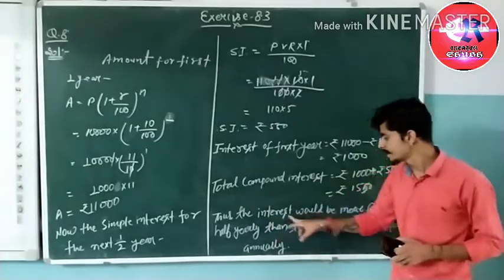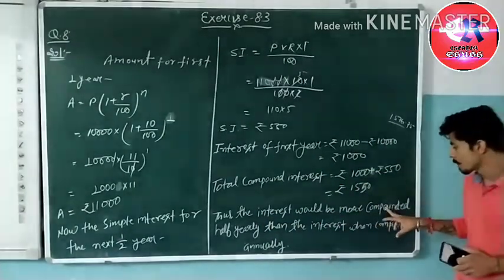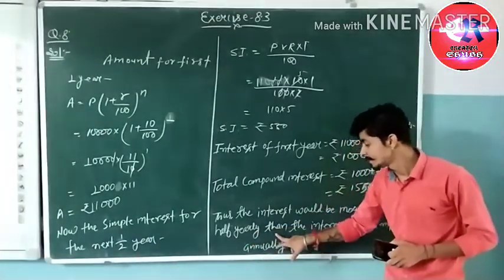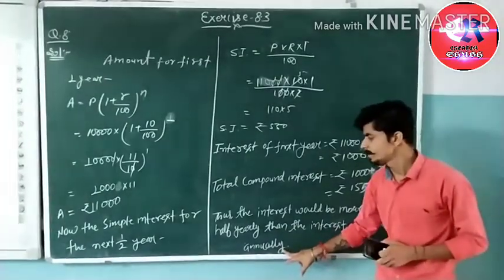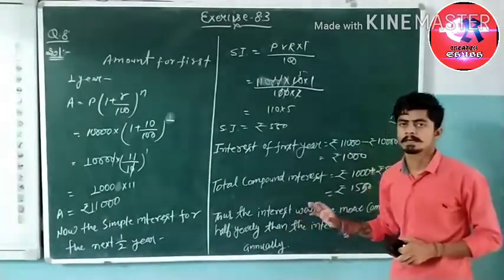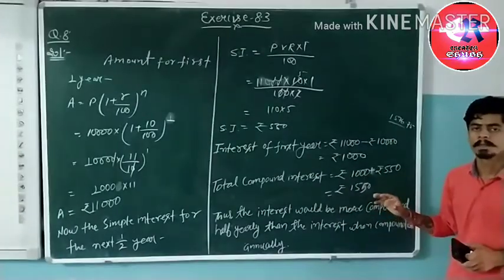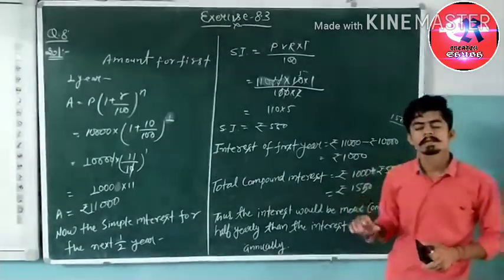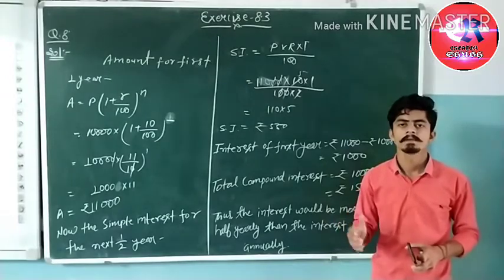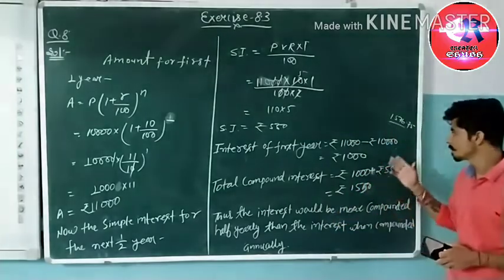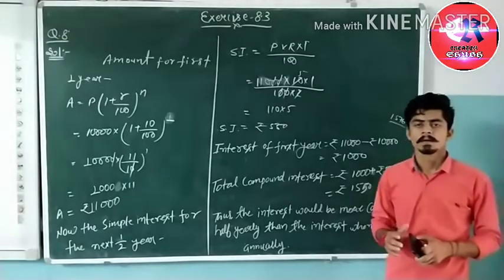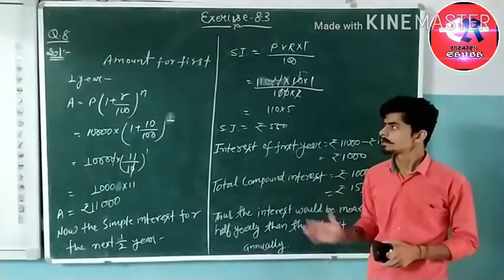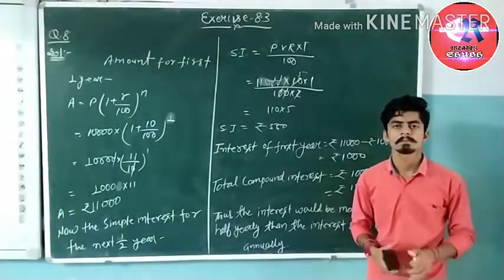Hence the interest would be more when compounded half yearly than when compounded annually. So that's all the solution of question number 8.